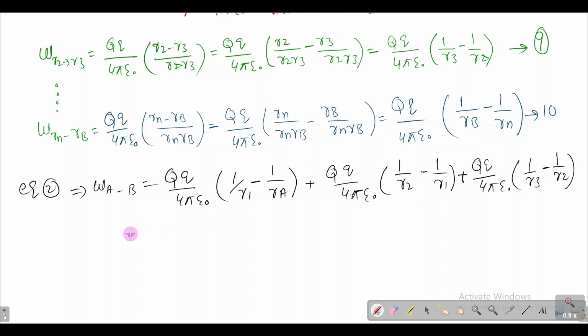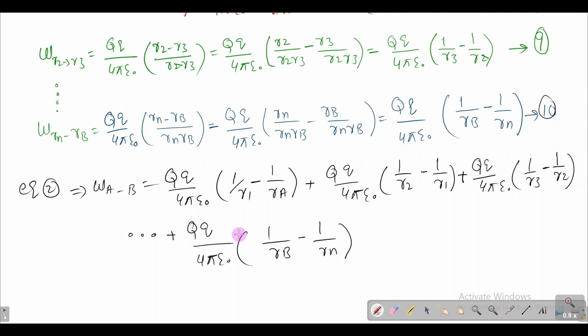We will take a large number of steps and reach the last step, so we put the value of equation 10 here: Q by 4 pi epsilon naught, 1 over Rb minus 1 over Rn. So this is equation 2.